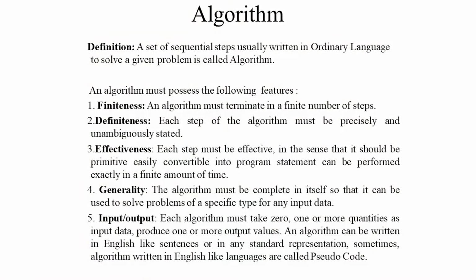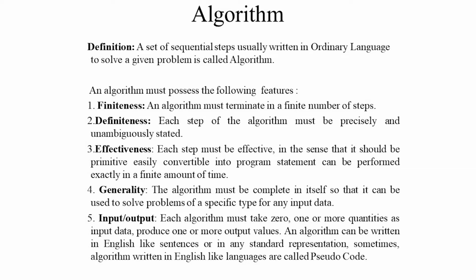An algorithm is nothing but a set of sequential steps, usually written in English, to solve a given problem. It is simply the step-by-step solution to a particular problem, and those steps are written in simple English. That is called an algorithm.